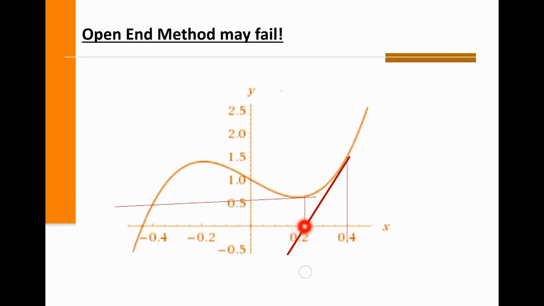Now if I again try to find an approximation using Newton-Raphson, just see at this point near 2, the slope is not meeting the x-axis nearby. It is touching very far away from the initial approximation. So this is the flaw in these methods. Open-end methods may not always converge. They may diverge. Open-end methods are very fast, but sometimes they can diverge.